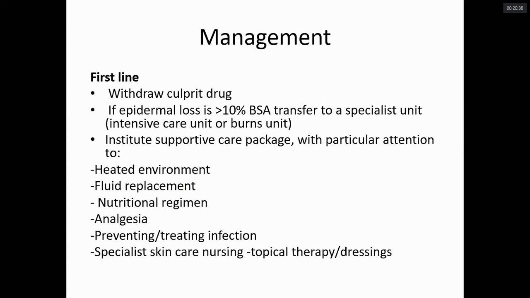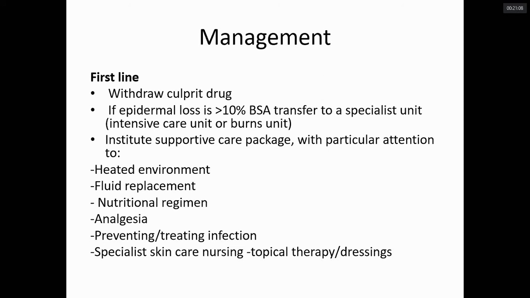Now, the first line in the management of SJS and TEN: first of all, we have to withdraw the culprit drug. And if there is epidermal loss of more than 10% body surface area, the patient has to be managed in a specialized unit, either burn unit or ICU. The supportive care, which is most important, has to be given, like a heated environment to prevent hypothermia, and fluid and electrolyte replacement.